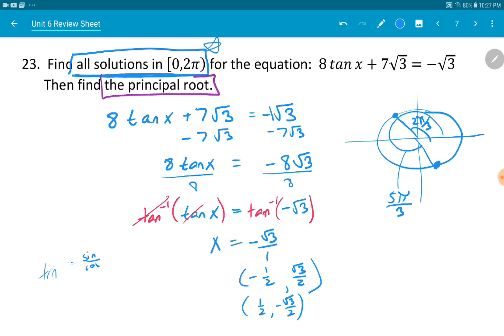So in 0 to 2 pi, I have two solutions: x equals 2 pi over 3, or x equals 5 pi over 3. So two solutions there.